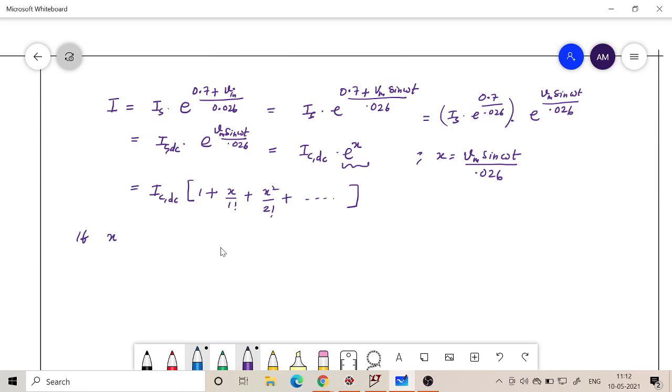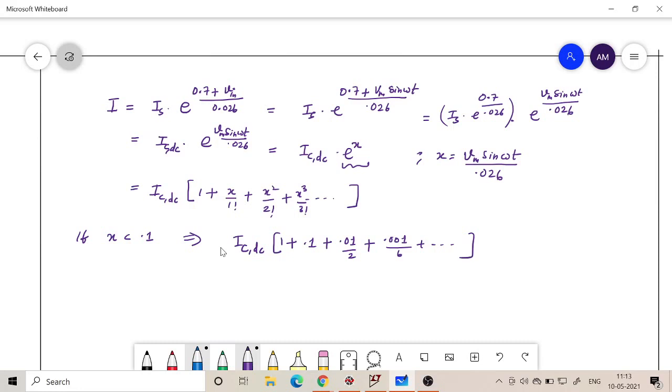If x is less than 1/10 of 0.026, say less than 0.1, then this will be basically ICDC into 1 plus 0.1 plus, I'm just taking the case of x being 0.1, so this will be 0.01 by 2, plus the next term, x cube by 3 factorial, that is 0.001 divided by 6, plus etc.